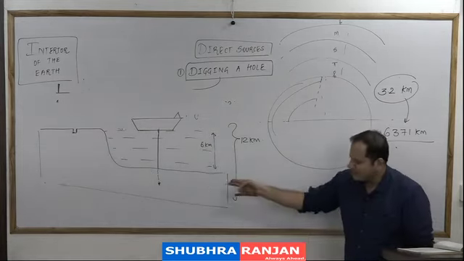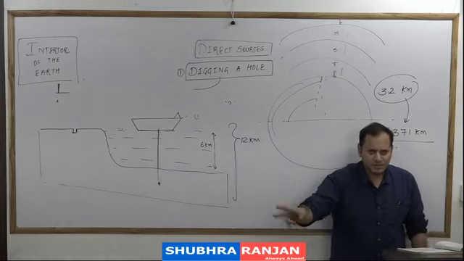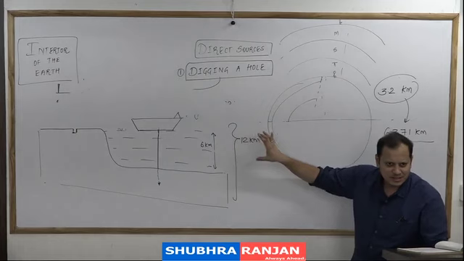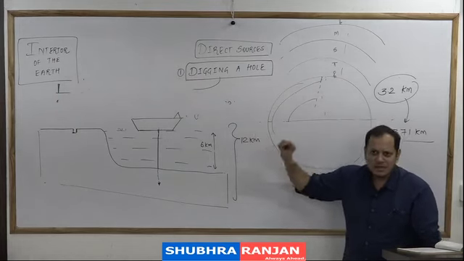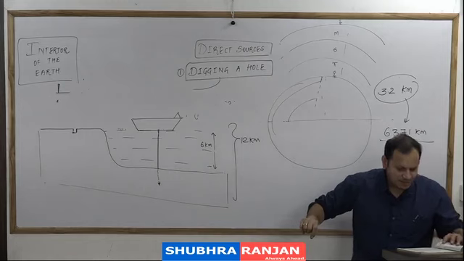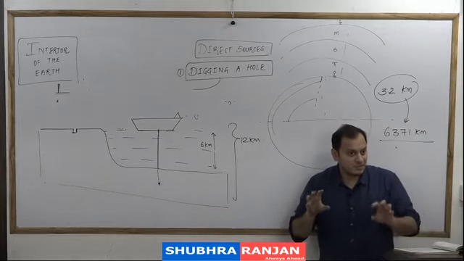So actually we have included maximum up to the depth of 6 kilometers only, because the average depth of the ocean is 6 kilometers. All this thing is given in your NCERT. That is the page number, chapter number 3. So we have started with chapter number 3.